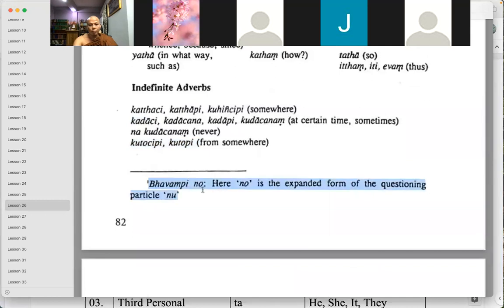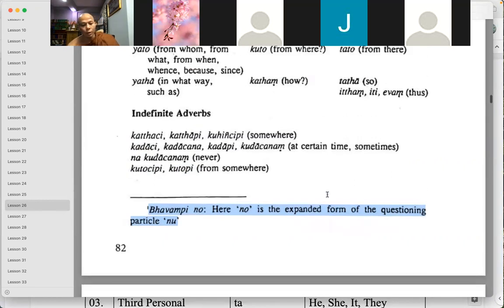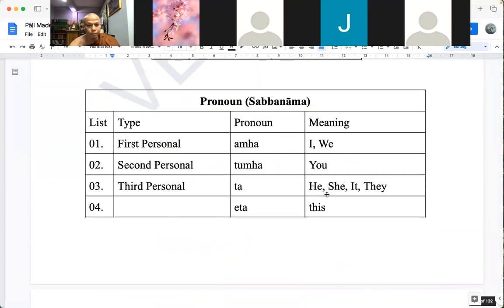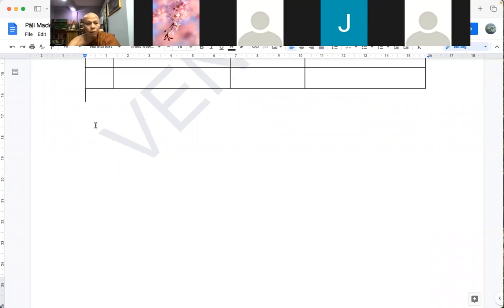So bawon B. No, here no is the expanded form of the questioning particle no. In the previous lesson we already learned that for the yes or no question we use the K or a B or no. So that means, do you go?